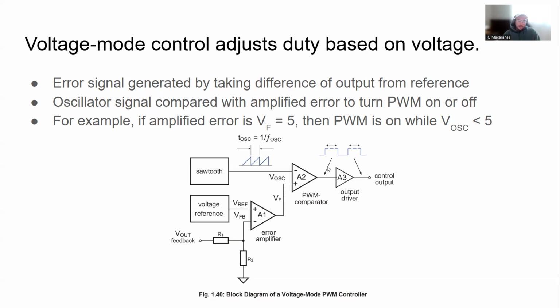Yeah, so it's going to start off. Did I read that right? Sorry, hang on. So if the amplified error is 5, then the PWM is going to be on while that's less than 5.